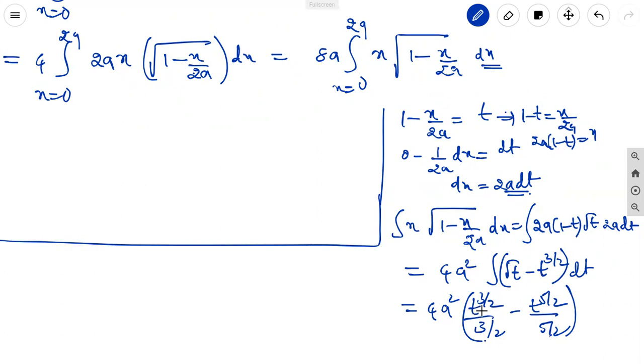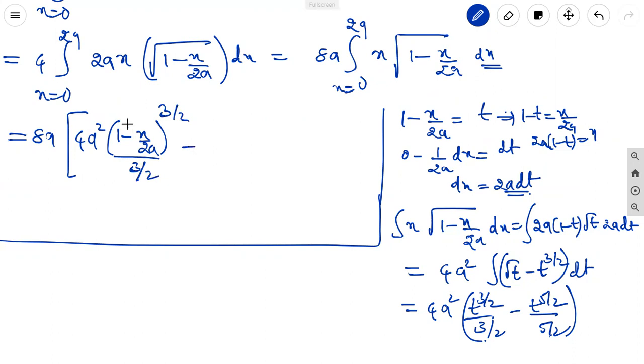In the place of t, we can take 1 minus x by 2a. It is equal to 8a into integral, means 4a square into t, which is nothing but 1 minus x by 2a whole power 3 by 2 by 3 by 2, minus 1 minus x by 2a whole power 5 by 2 by 5 by 2, limits from 0 to 2a.